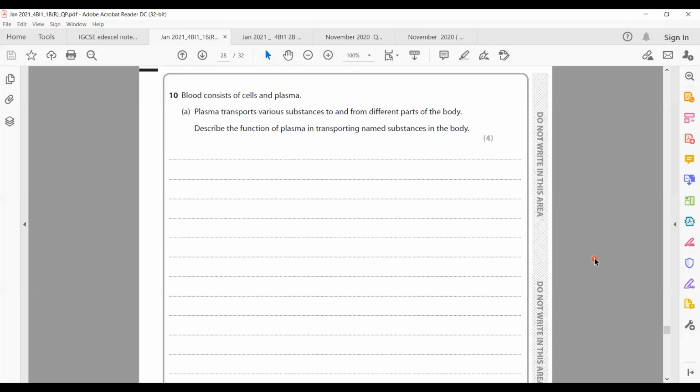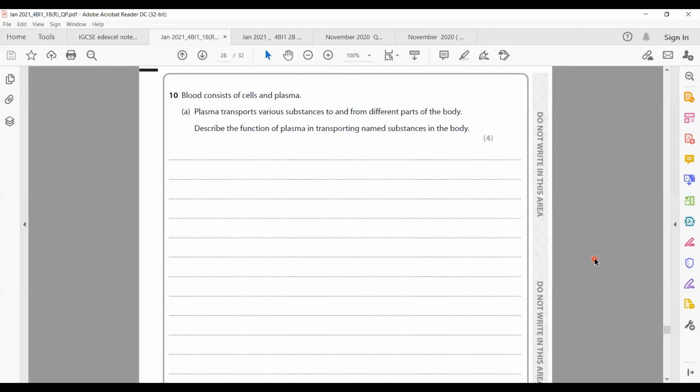البلازما transports ممكن glucose to the body cells in order to respire. طب transports ايه كمان؟ Sorry, can you repeat it again? I said that the plasma transports glucose to the body cells for respiration. Yeah, it also transports metabolic waste to the liver and the kidneys.